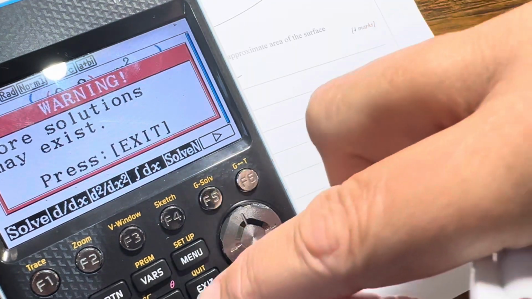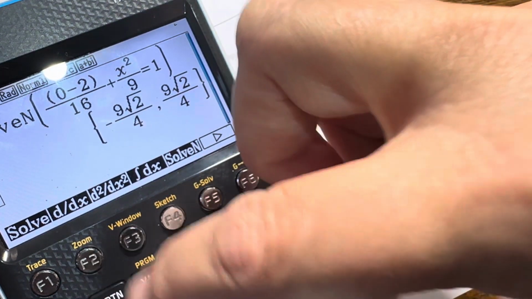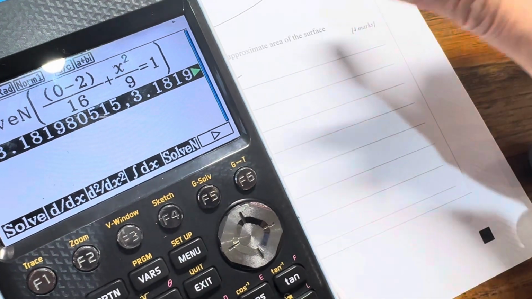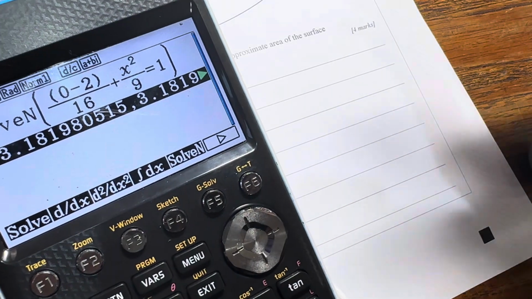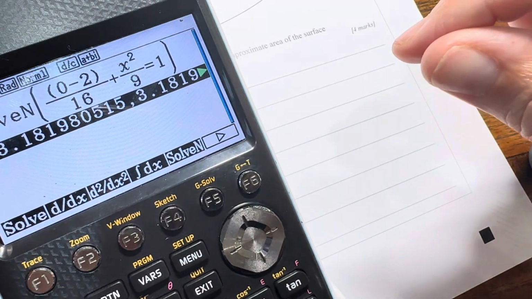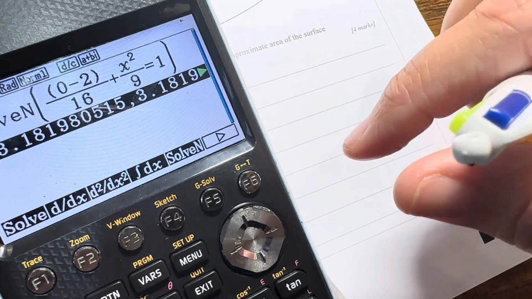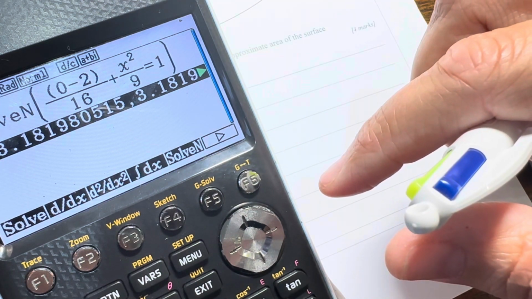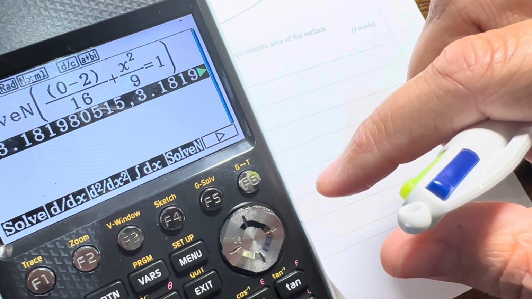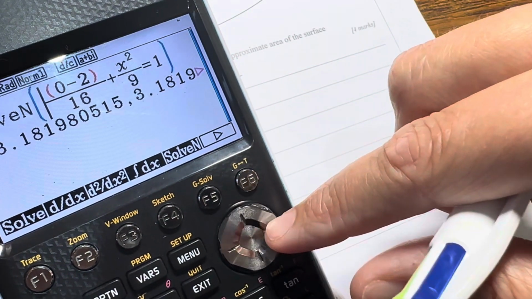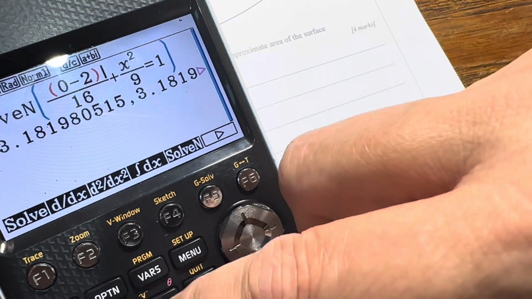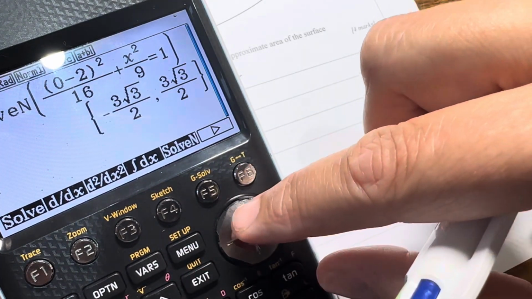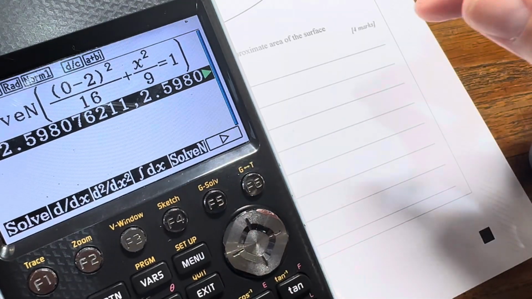Execute, solve, and it gives me 3.1. No, that doesn't sound right. Oh, I left my squared off. Sorry, so easy to make mistakes here, isn't it? That should have been squared. Execute, exit. There we go. That sounds better.